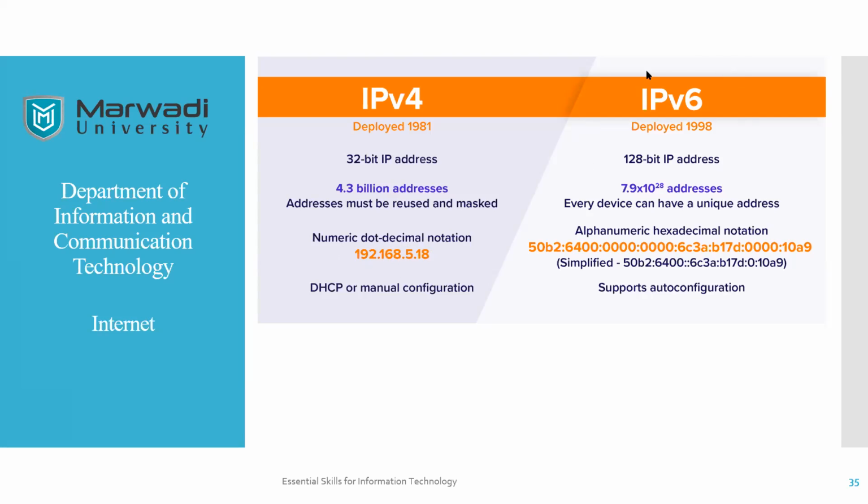When IPv6 contains alphanumeric hexadecimal notation, you can see here 50B2:6400:6C3A:B17D. So IPv6 contains hexadecimal notation when IPv4 contains only numeric dot-decimal notation.